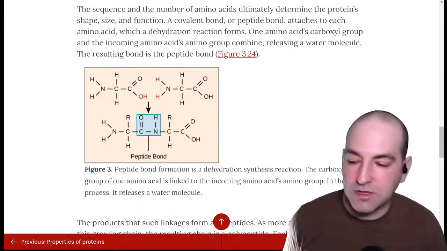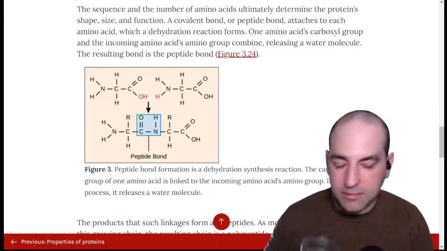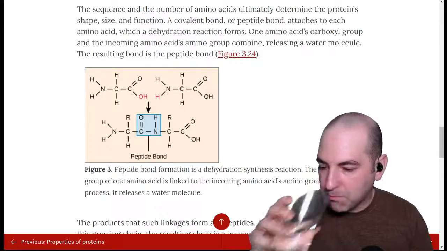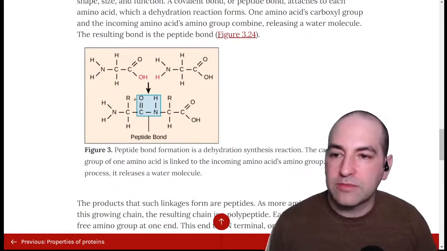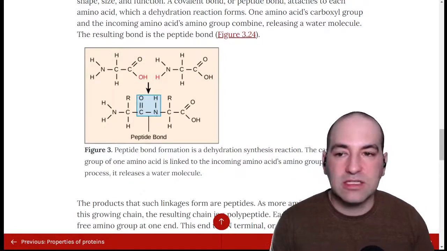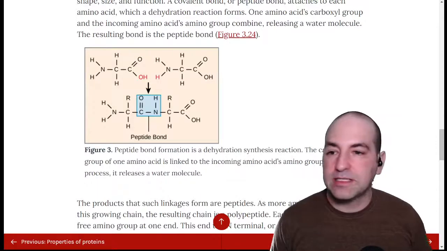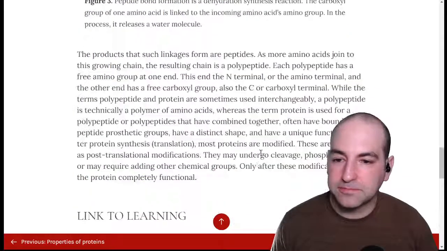It's also sometimes called an amide bond, but in the context of proteins, it's usually called a peptide bond. All right, so in this case, this is glycine and glycine. So you'd have two glycines linked together. And this is the basic reaction for how all proteins are linked together.